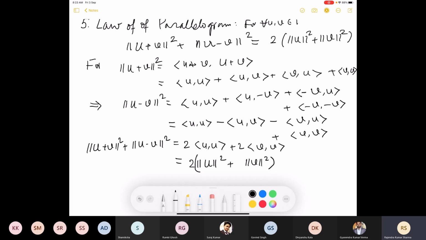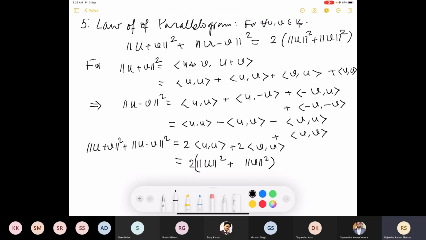this holds. So this is also an important property in an inner product space. Of course, what we do in the schools is when V is R2 over R, and you get that these are the diagonals.